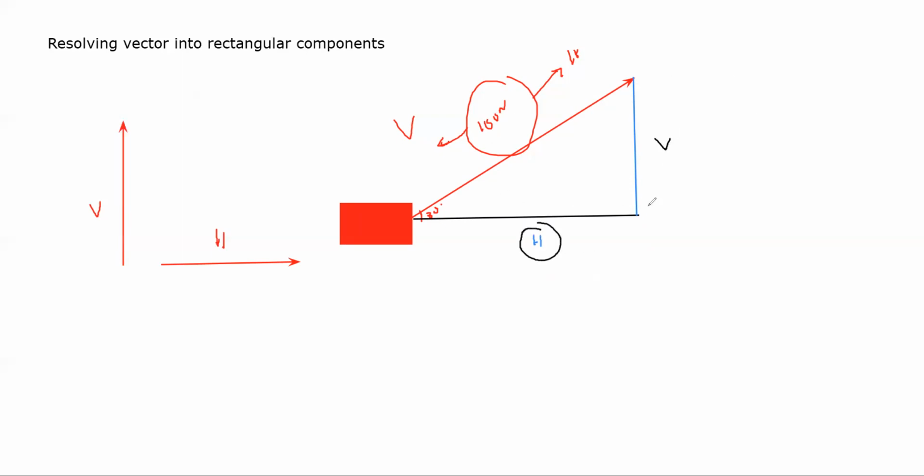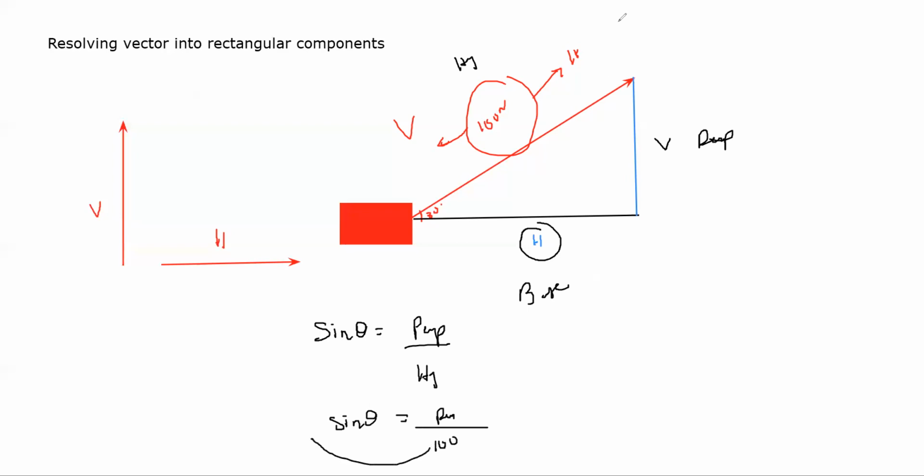As you can see, this one is the base, perpendicular, hypotenuse. So I have the formula that sine theta is perpendicular over hypotenuse. The vertical component is the perpendicular. And the hypotenuse is equal to 100.